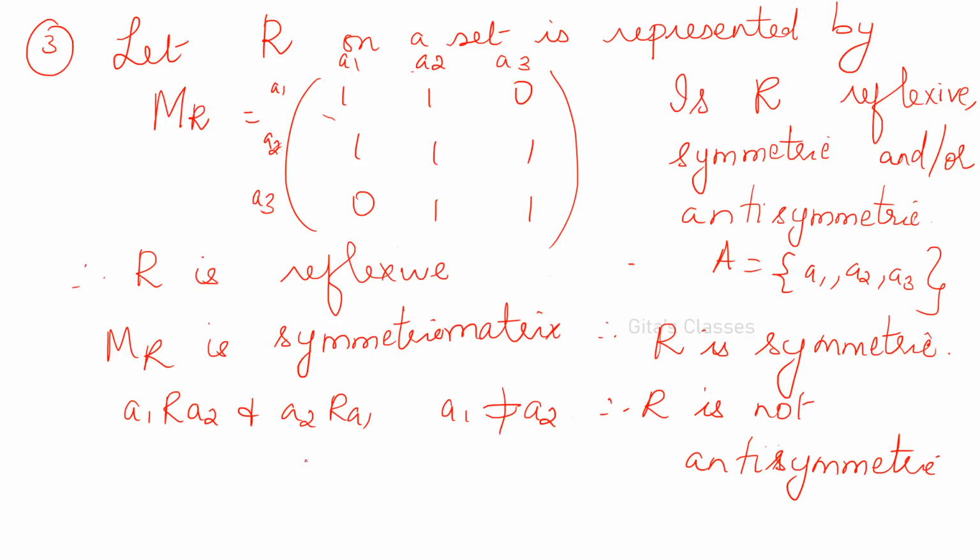According to the definition, if A1 is related to A2 and A2 is related to A1, they should be equal for the antisymmetric condition. Here A1 and A2 are related and A2 is related to A1, which are not equal. Therefore, it is not antisymmetric.